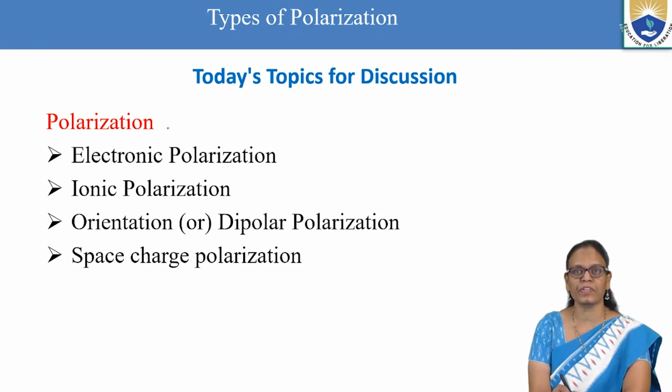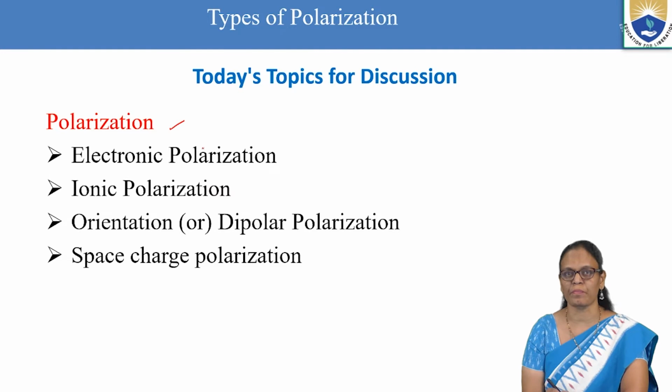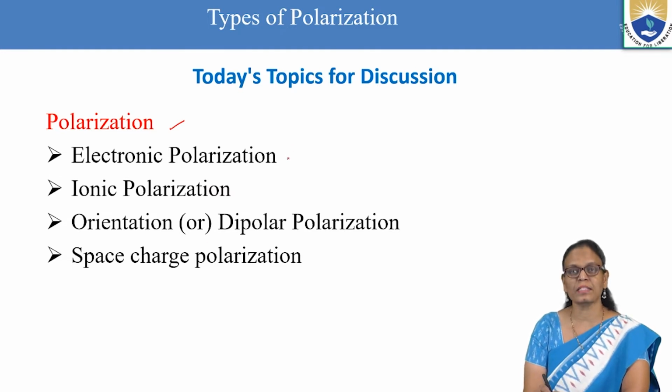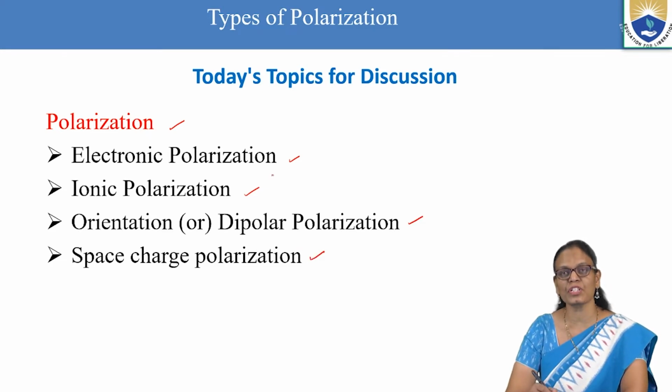First, we'll see the definition for polarization and then see different types. The first one is electronic polarization, ionic polarization, orientation or dipolar polarization, and space charge polarization. We are going to see the definition, the phenomena, and derive expressions for all these different types of polarization.